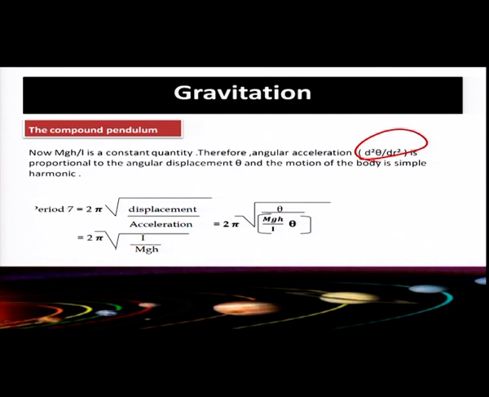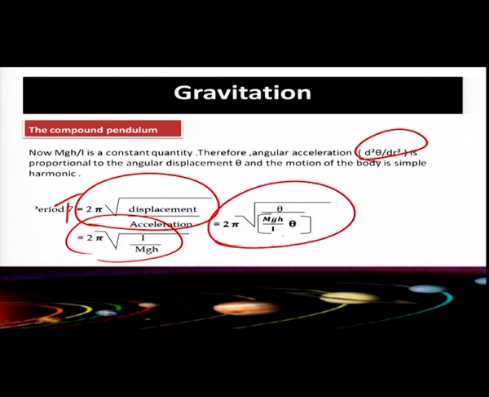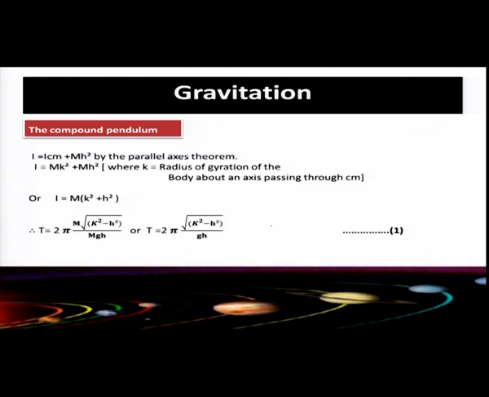Therefore, the time period T is 2 pi into root of displacement by acceleration, that is 2 pi root of I by mgh. For angular displacement it is theta, and for acceleration it is mgh by I into theta. Now apply the parallel axis theorem.